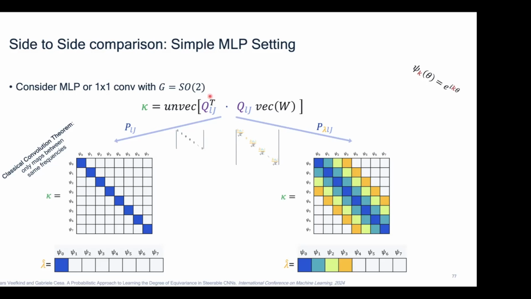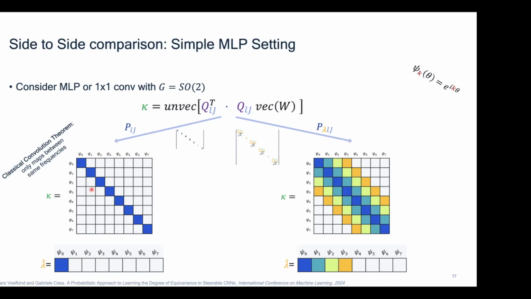If we just use the normal equivariance constraint, we essentially recover the classical harmonic analysis and the classical Fourier convolution theorem, which tells us that after some Fourier transform, our linear layer is just going to be applying some learnable weight at each input frequency independently, but it's not going to mix different frequencies.